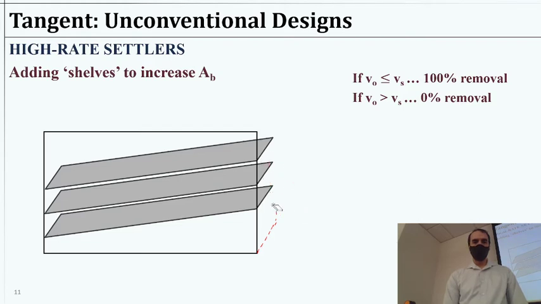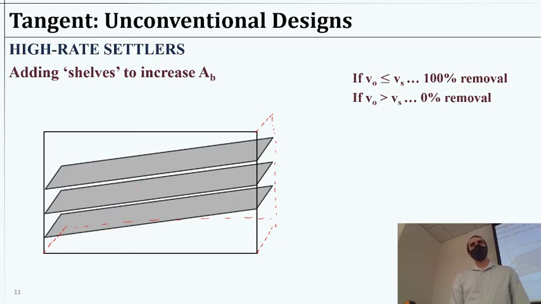If you have this system and you have this clarifier, and normally you're limited to the area of this basin down here, and you decide, well, I want to expand the area, but I don't have any more space or land. Well, one thing you can do is just add shelves. And so then you've quadrupled your surface area here.